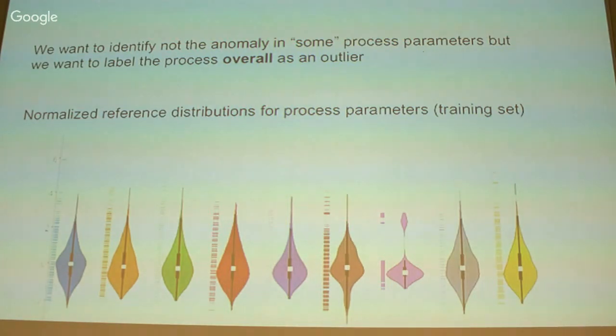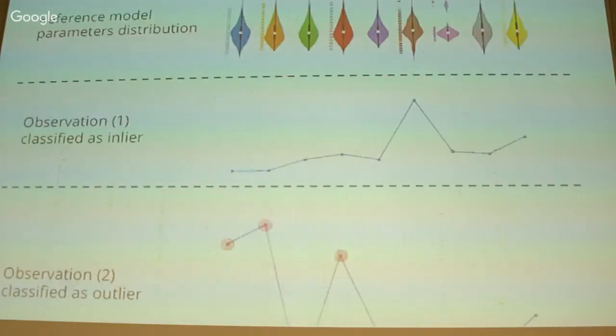So we're showing the normalized reference distribution for process parameters on the training set. And then we have an inlier specified as such, and an outlier, and we can pinpoint the single parameters that were detected.